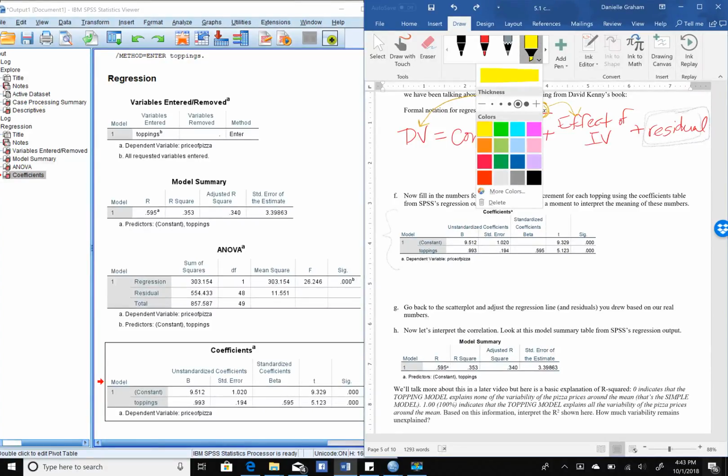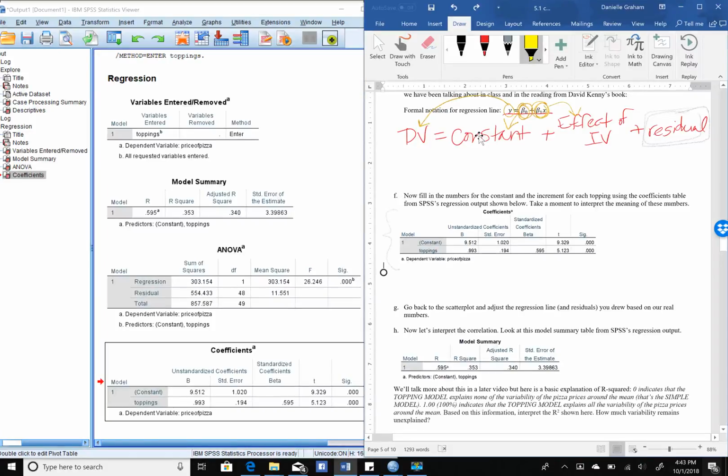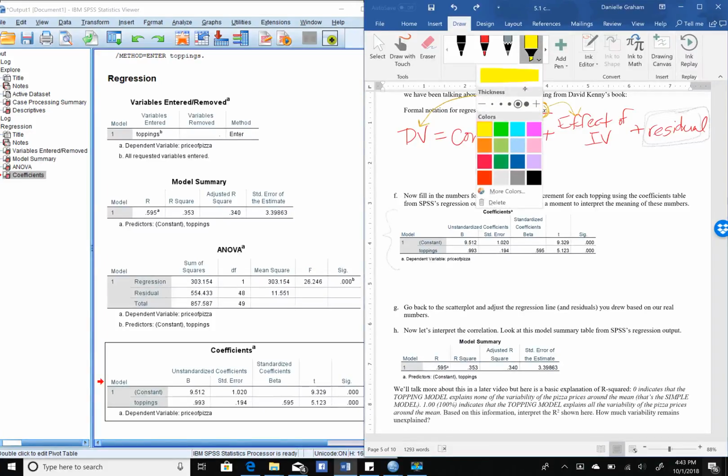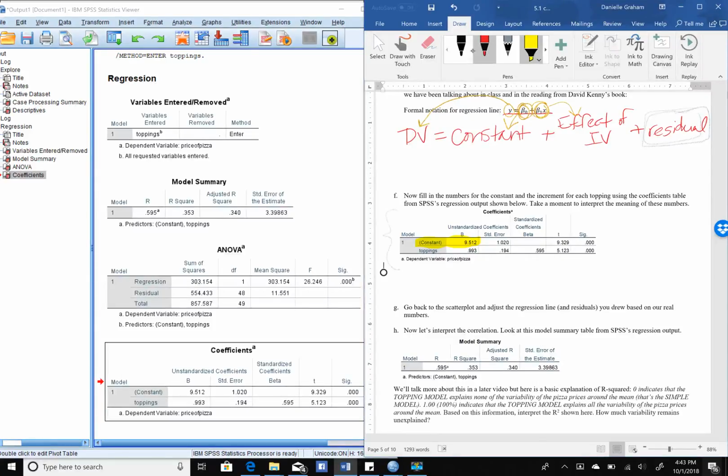Our constant will surprisingly be the one that's labeled constant. Wow, look at that, fantastic. So that value is what's going to be plugged in right there where it says constant, 9.512.